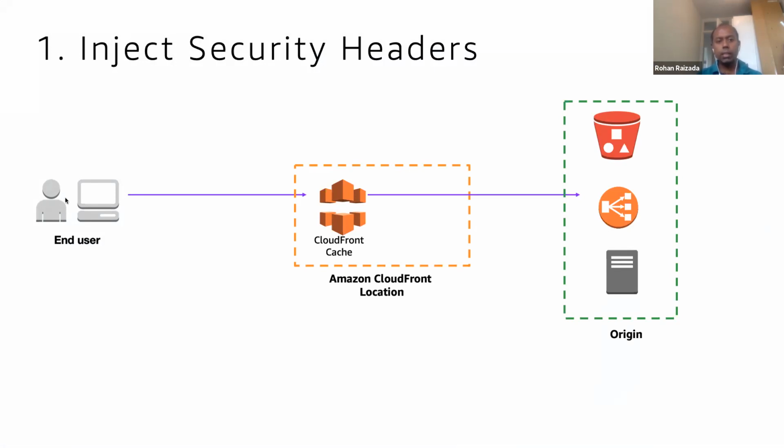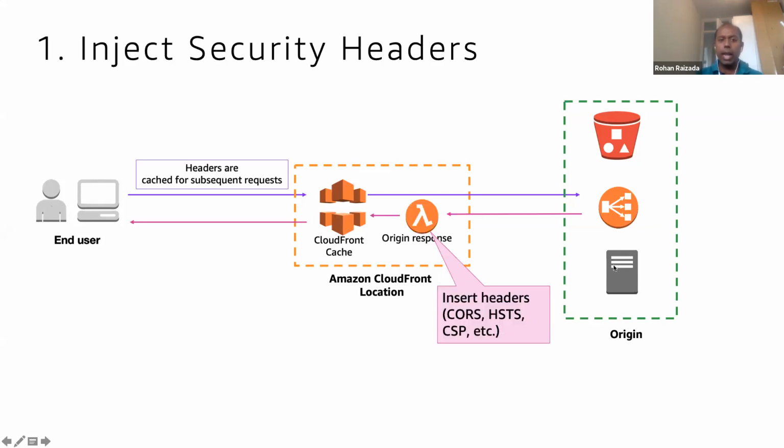In this case, the request comes to the CloudFront cache. It is sent all the way to the origin. Then when the origin sends a response back, but before it is cached, we insert those headers. These could be HSTS headers, CORS headers, or CSP, the content security policy headers.